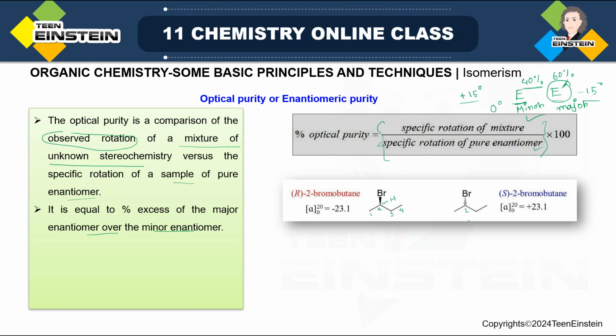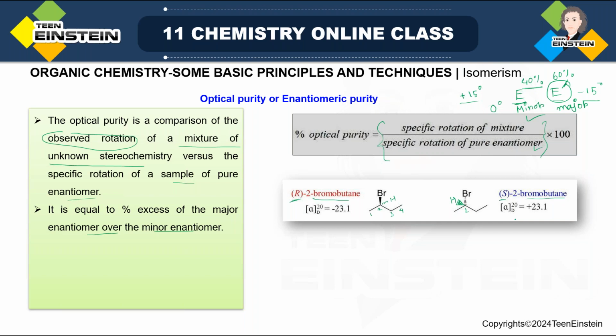At the 2 position, it is again a chiral center, but bromine is below the plane, and hydrogen will be above the plane like this. Both are 2-bromobutane, there is no problem in that, but one will be R, another one will be S.